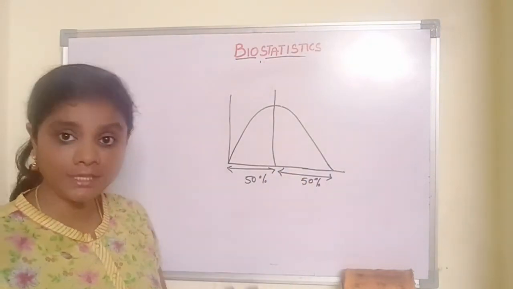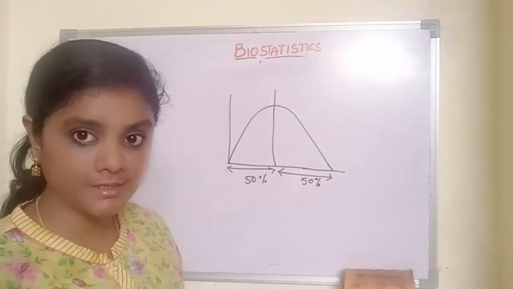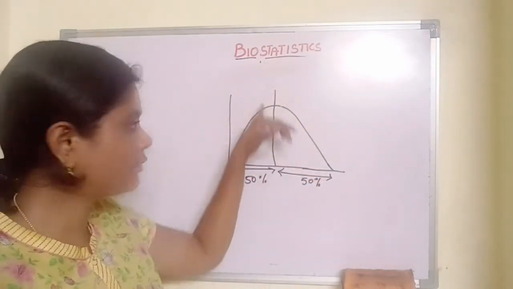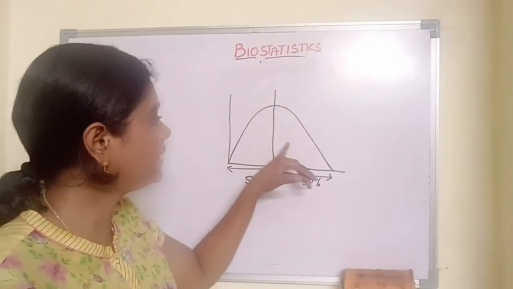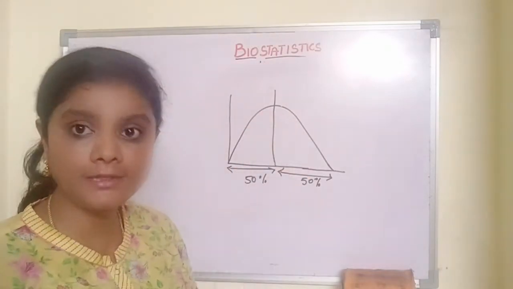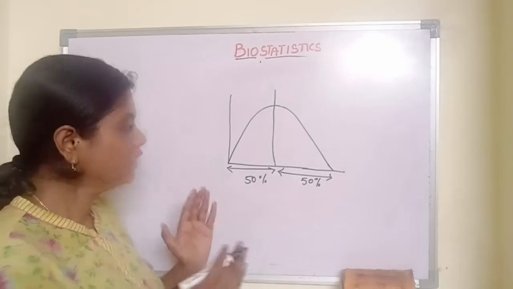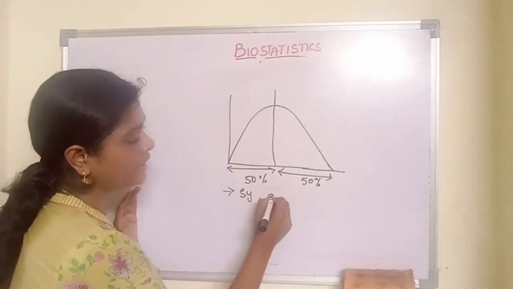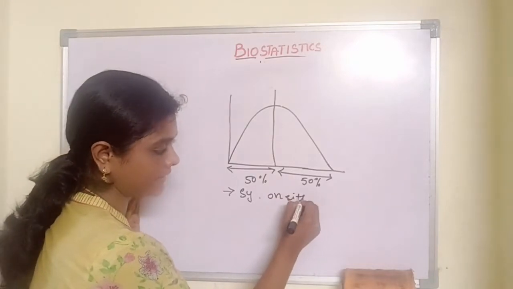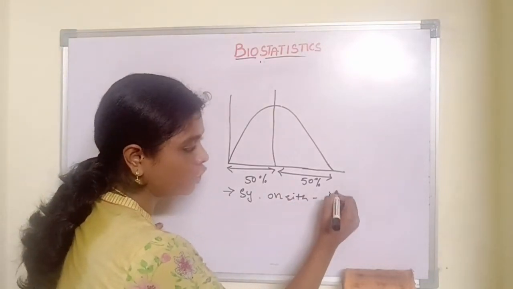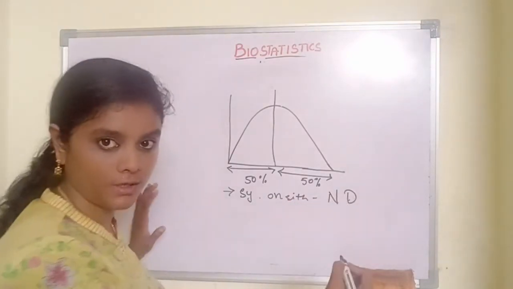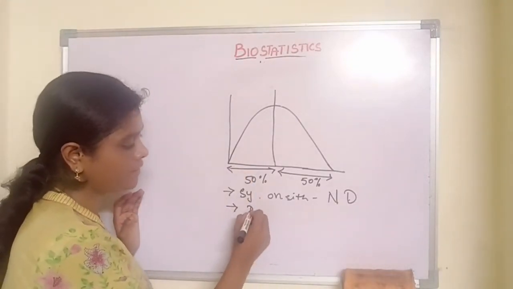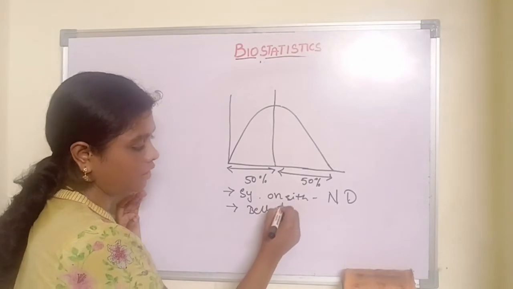So the data we have got is distributed symmetrically away from the center, on either side of the center. Such a symmetrical distribution on either side of the center is known as normal distribution, and mostly it will be a bell-shaped curve.